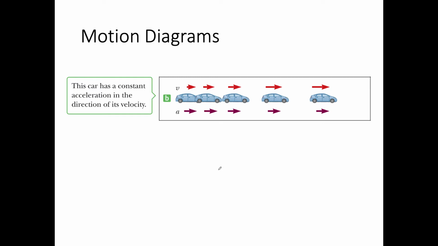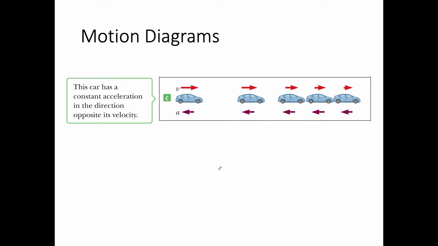The acceleration is in the same direction as velocity. This one, in this particular problem, is also a constant acceleration motion. The acceleration is the same all the time. It's in the opposite direction of velocity.